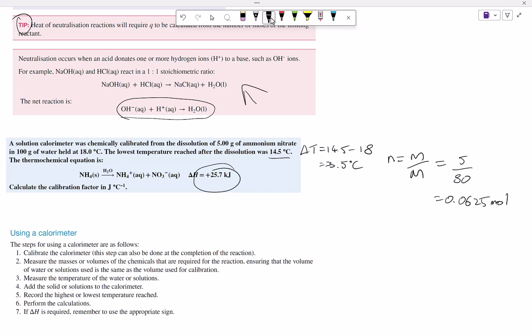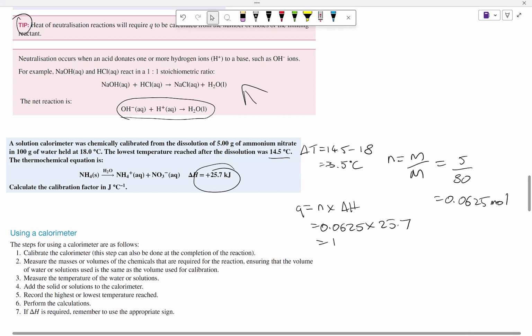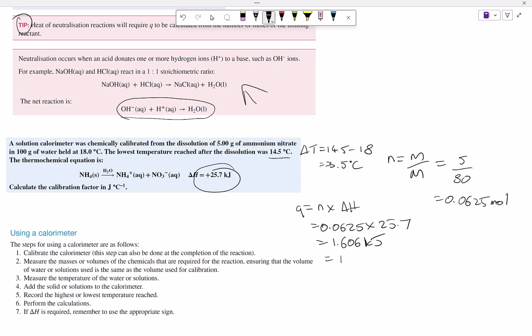So we can work out Q. Q is equal to number of moles times delta H. So that means 0.0625 times 25.7, and that will give you 1.606 kilojoules. And now remember that would be 1.606 times 10 to the 3 joules, just to keep that in mind.